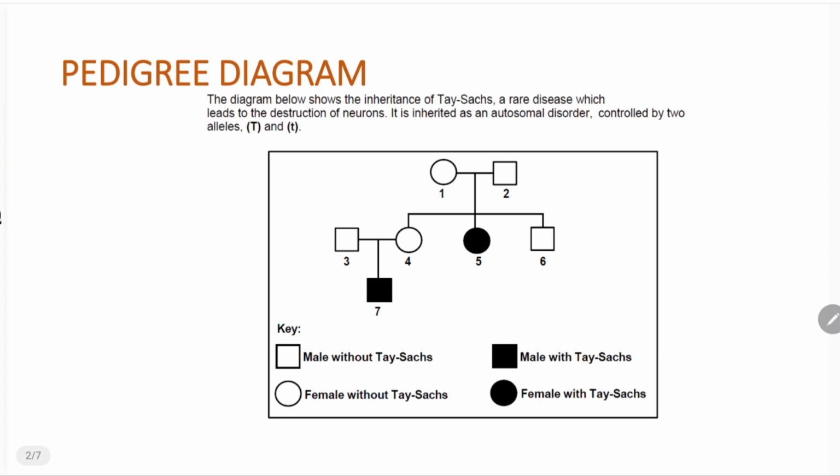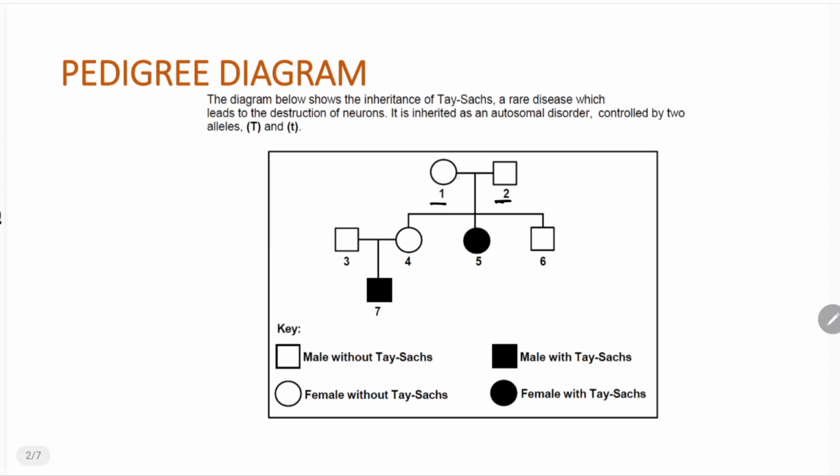Now, this is a typical example of what we call a pedigree diagram. How do we read this? When we look at individual number 1 and individual number 2 respectively, number 1 is a female and number 2 is a male. They are linked together by this horizontal line.